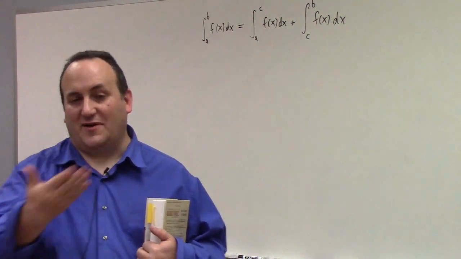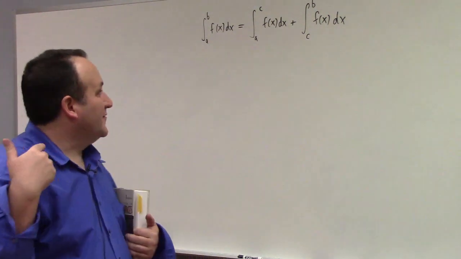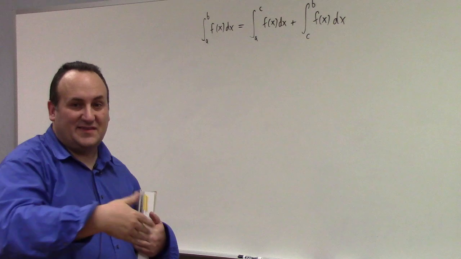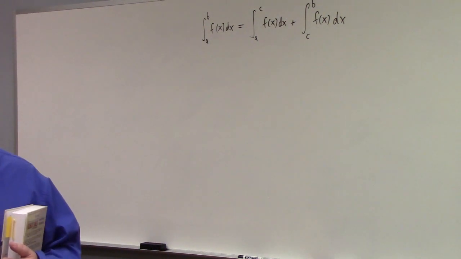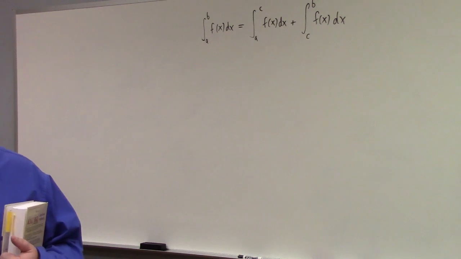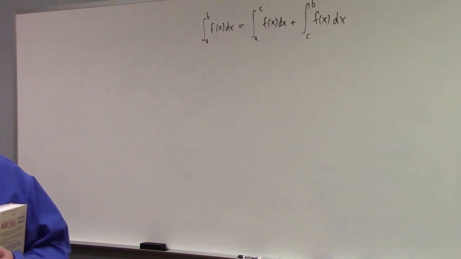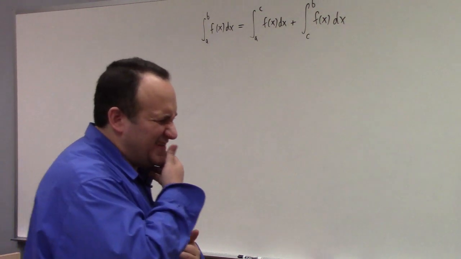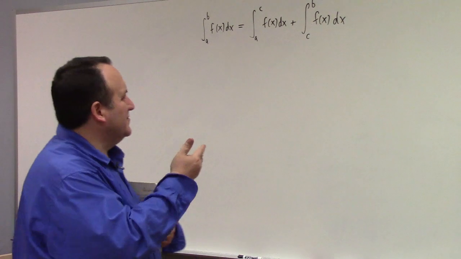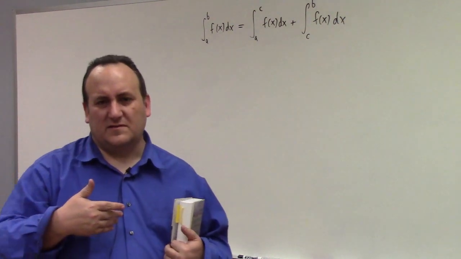Yeah, we draw a picture, right? We say, okay, if you look at the signed area from A to B, and you pick a point in the middle, it's the sum of the areas to the left and to the right of the middle one, right? And that's kind of it. What if you actually tried to prove that directly from the definition of the Riemann integral? The natural proof there, you'd have to take the partition that's built from A to B and split it into two partitions, right?